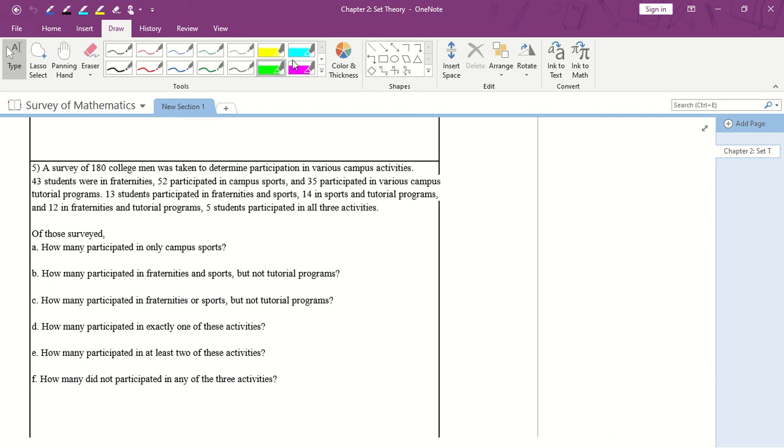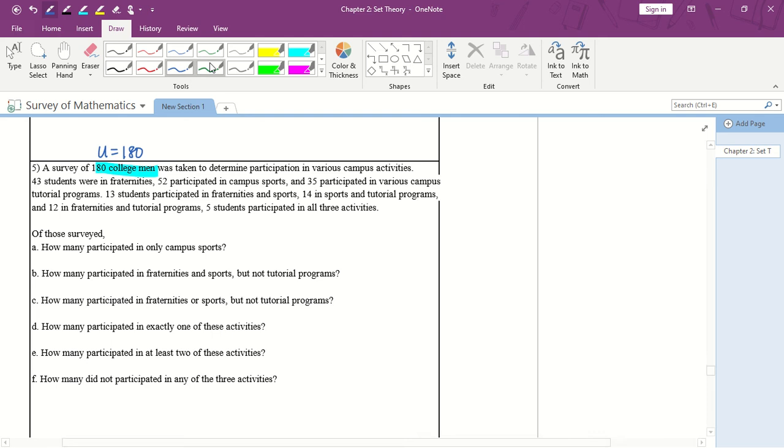A survey of 180 college men was taken to determine participation in various campus activities. Just remember that a survey of 180 college men is the universal set.